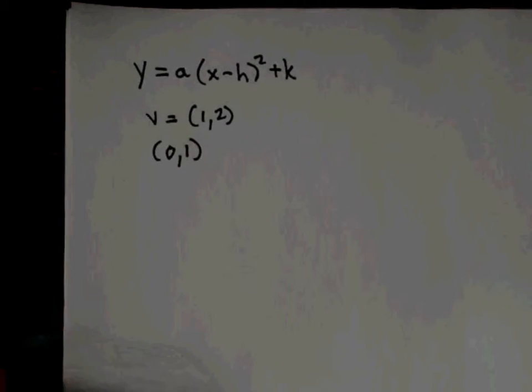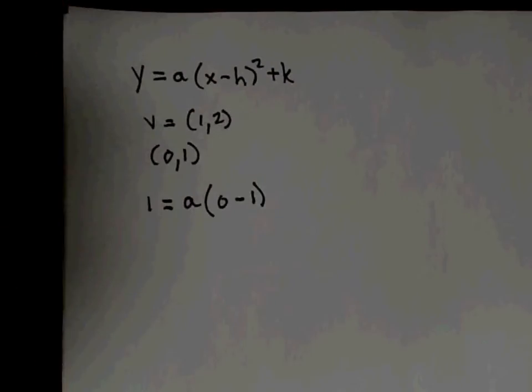I can't find A. A doesn't come from the graph. And so therefore, I know that I'm going to go 1 equals A. My x value that generates 1 was 0. It's going to be minus 1, because that's the x coordinate of my vertex, squared, plus 2.